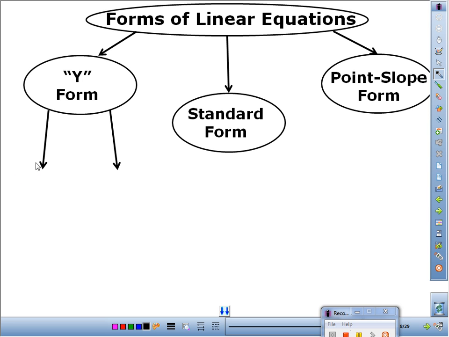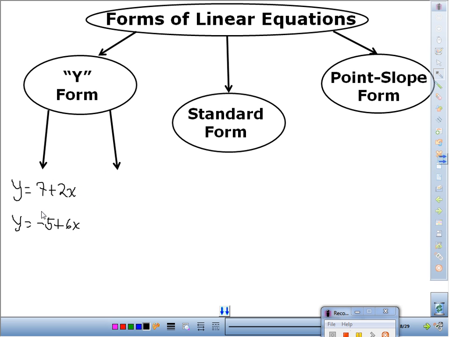On this side, write y equals 7 plus 2x. Okay? Another type of Y form is this one: y equals -5 plus, somebody give me a number, okay, 6x. All right?